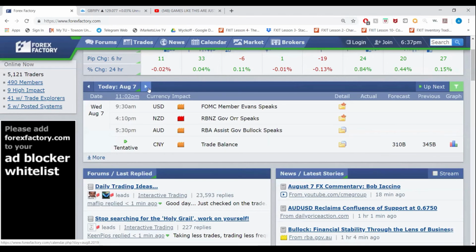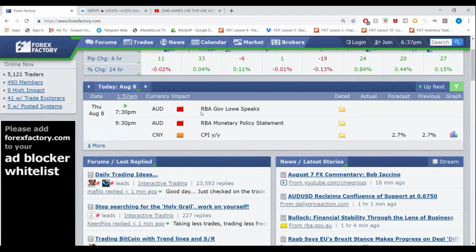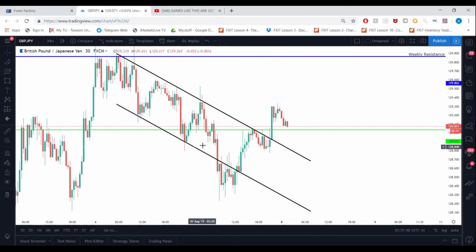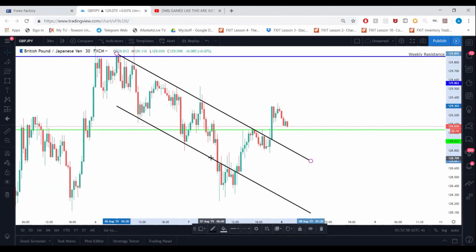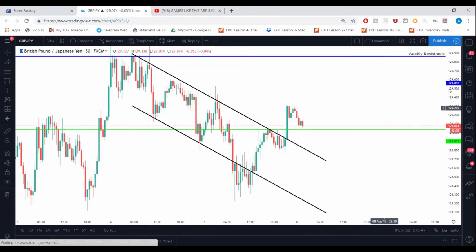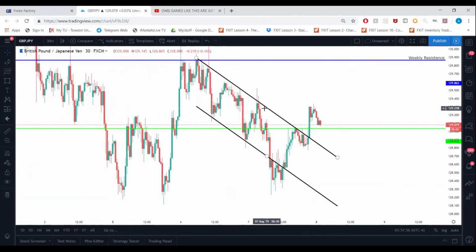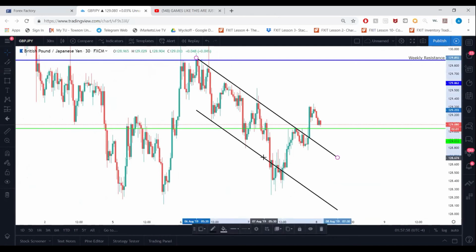Let's see. Check that too. We don't really have anything until late afternoon for AUD, so I wouldn't expect any shenanigans in the market unless Trump tweets something or something on the radio in the UK that we cannot foresee.